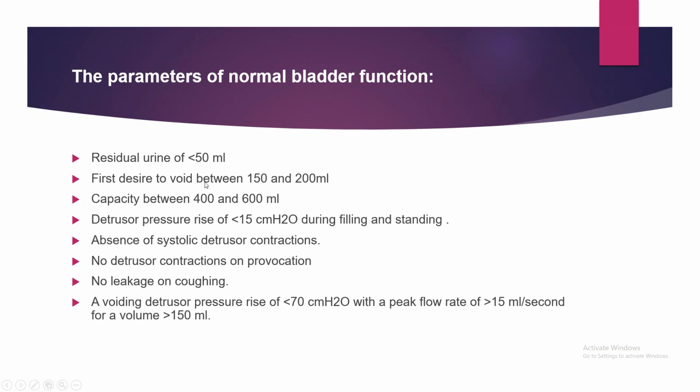First desire to void is between 150 to 200 ml. Bladder capacity is between 400 to 600 ml. Detrusor pressure rise, remember this well, should be less than 15 during filling and standing pressure. So this is very important. Detrusor pressure should not rise more than 15.